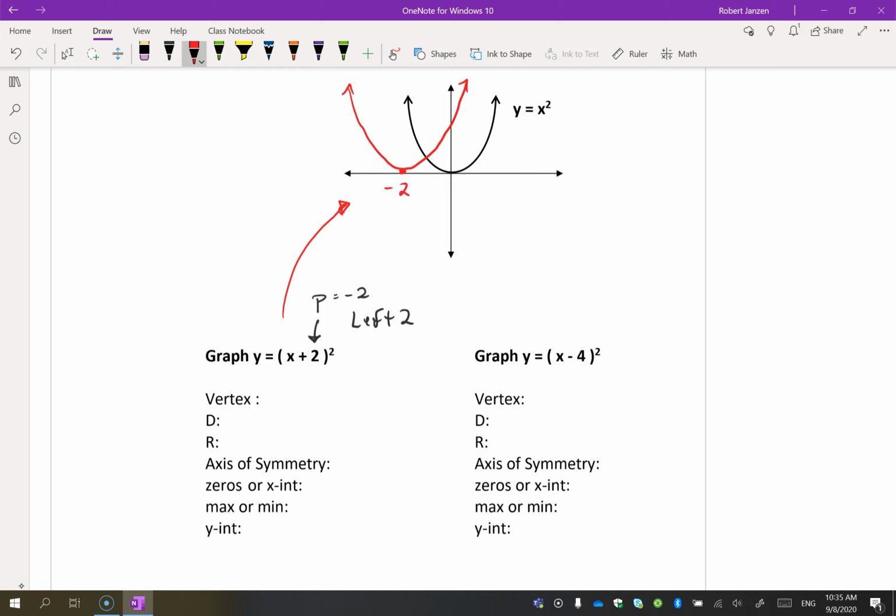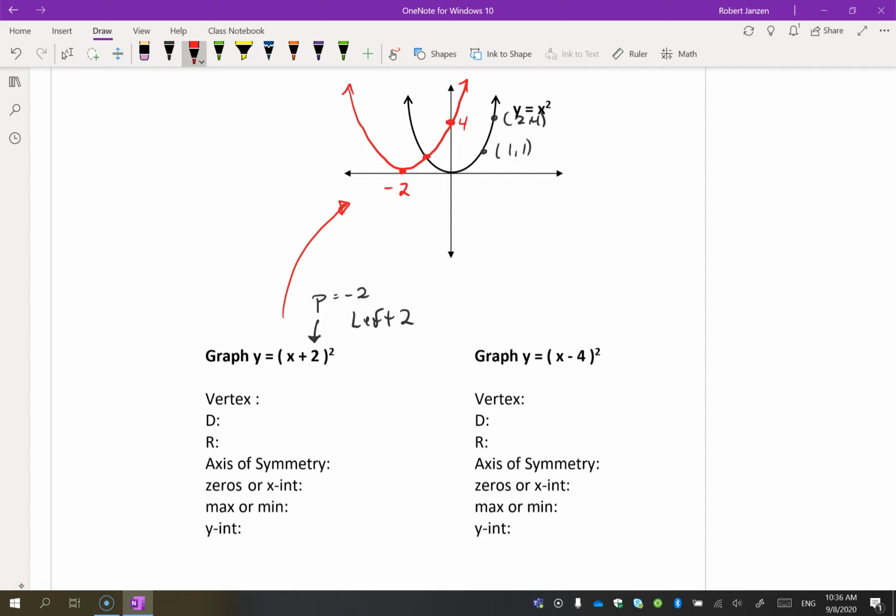Well, I know this is negative 2. What's the y-intercept now? Maybe you know what the y-intercept is because you remember this point was (1, 1), and this point was (2, 4), and if we move it back 2, this point is going to be at 4 now.